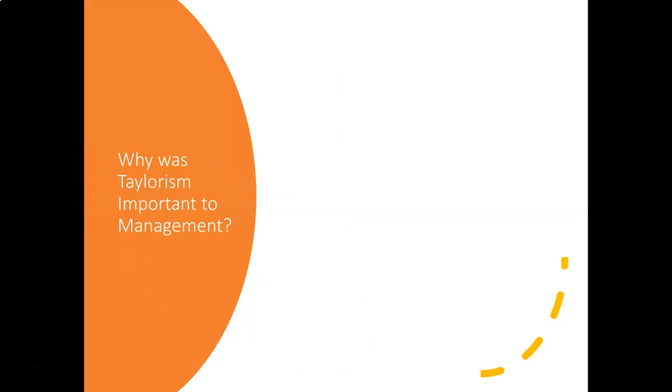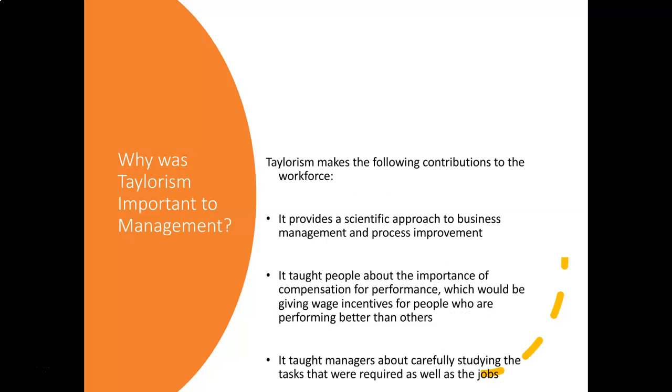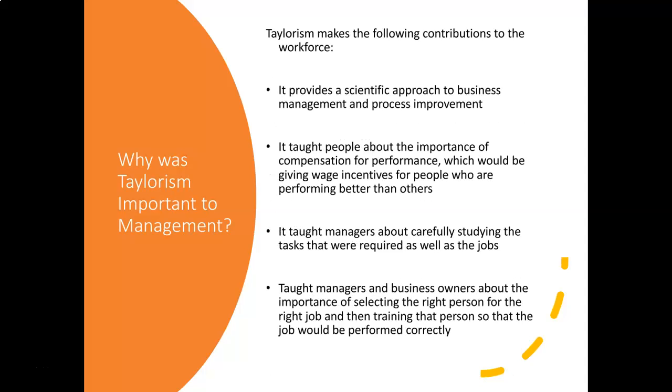Okay, now this slide is to tell us why Taylorism was important to management. Taylorism makes the following contributions to the workforce. It provides a scientific approach and process involvement. It taught people about the importance of compensation for performance, with wage incentives for people who are performing better than others.